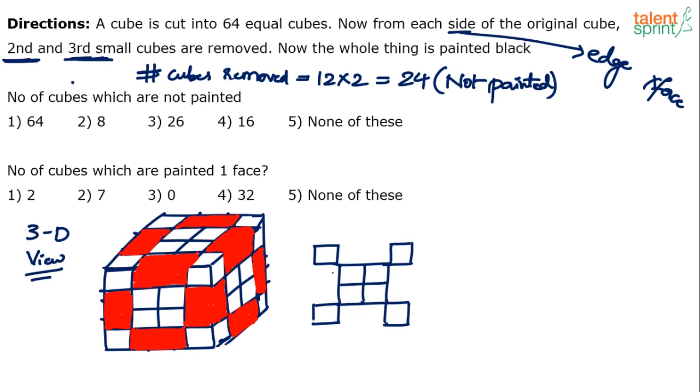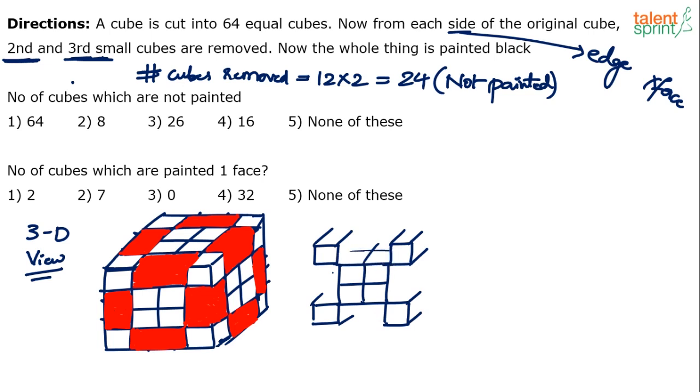Not front face, but each face. Each face would look like this. And then there is this. Here also we have this. I don't know how the diagram will be drawn to show the gap there, but this is what each face would look like. Yeah. So something like this.